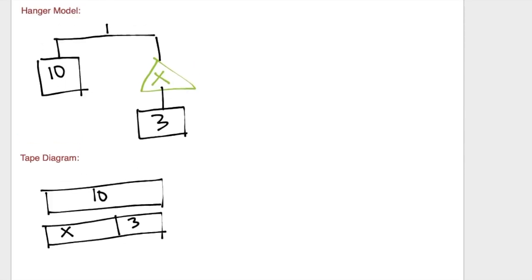The 2 models are called the hanger model and the tape diagram. You should be pretty familiar with the tape diagram, but the hanger model is a little different, but it's very similar to the scale model. So what I want you to do now is to pause the video and jot down the hanger model and its example, as well as the tape diagram and its example.